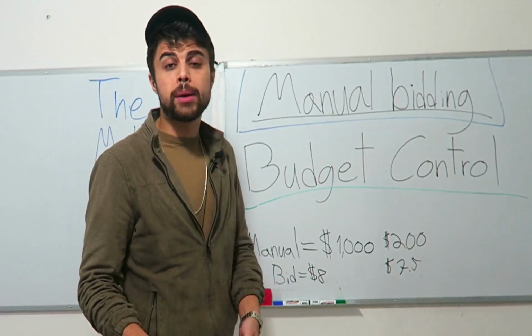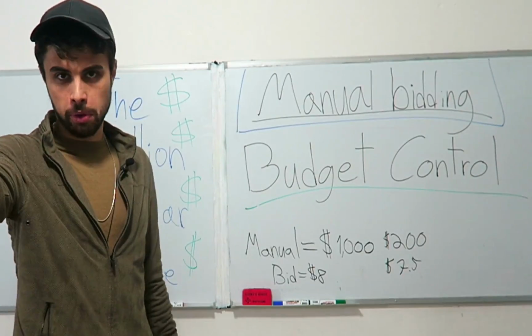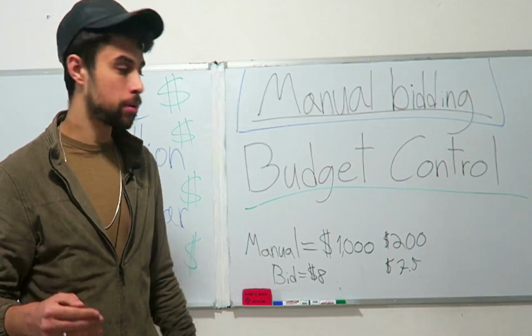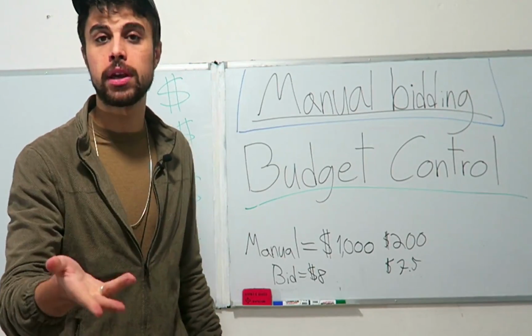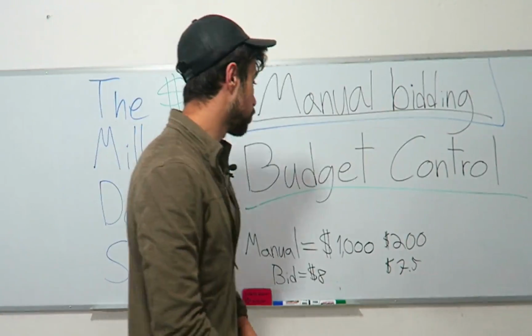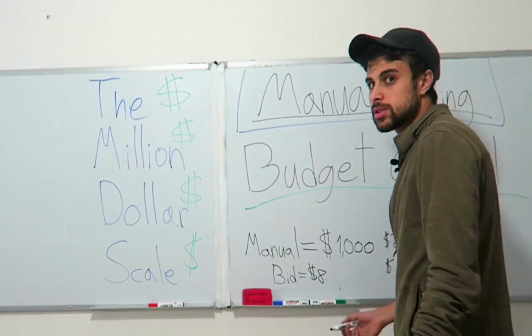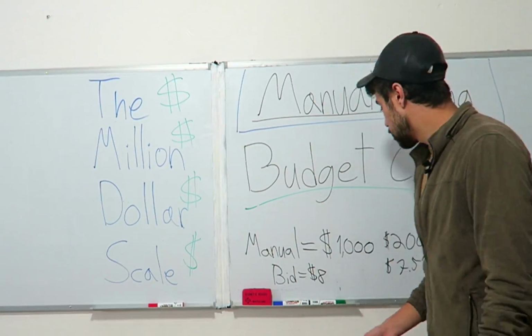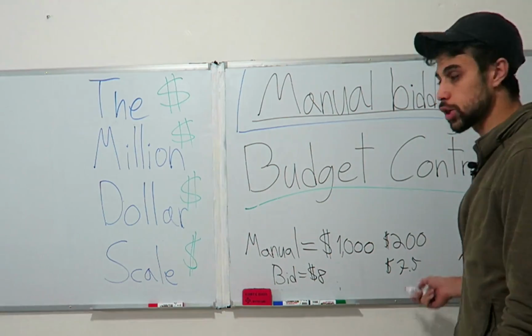So what usually happens when an ad declines? Cost per purchase goes up, right? Cost per action goes up because you're still giving it the same money. But with manual bid, you're still limiting it. So what will happen is that you won't notice an increase in cost per action. The only thing you'll notice is a decrease in the budget.